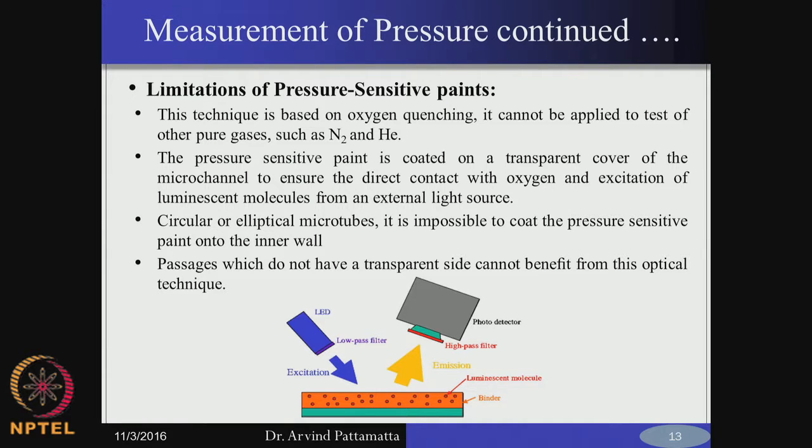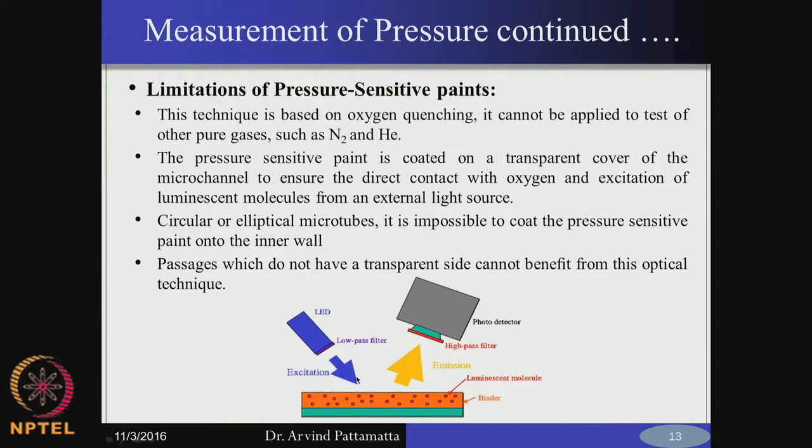The pressure sensitive paint also needs a transparent access. It needs an optical access, because you have an LED which is emitting light, and you have a photo detector or a camera which is going to detect the intensity coming from the surface.